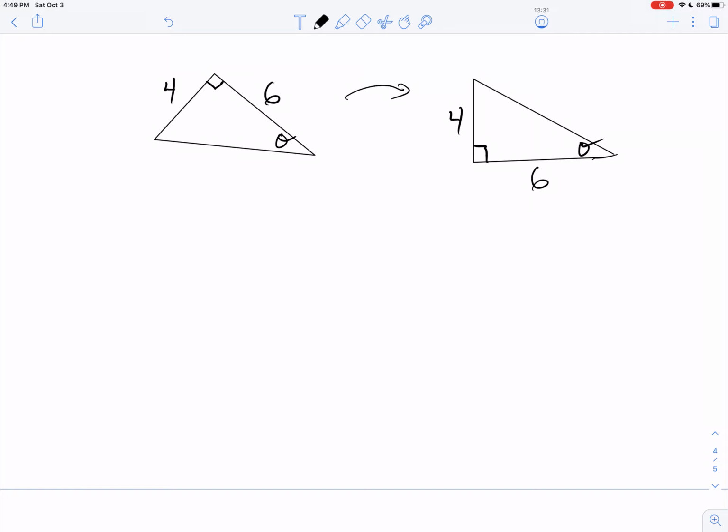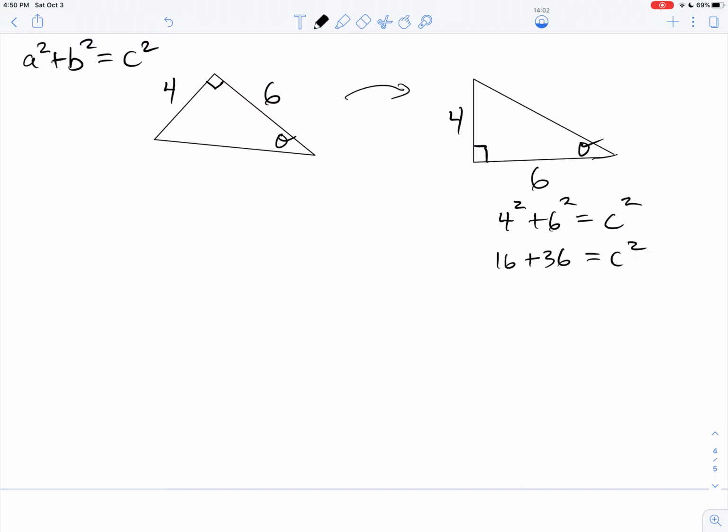This time, if I do my a squared plus my b squared equals c squared, I am actually looking for the hypotenuse. So I could say, okay, one of these legs is going to be my a value. So I'm going to just go over here and say 4 squared plus 6 squared equals c squared. And then I could say that's 16 plus 36 equals c squared.